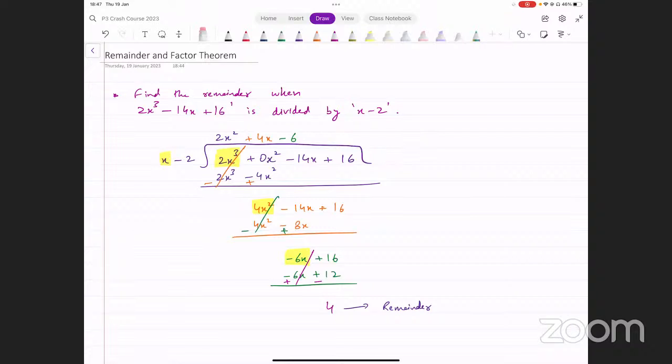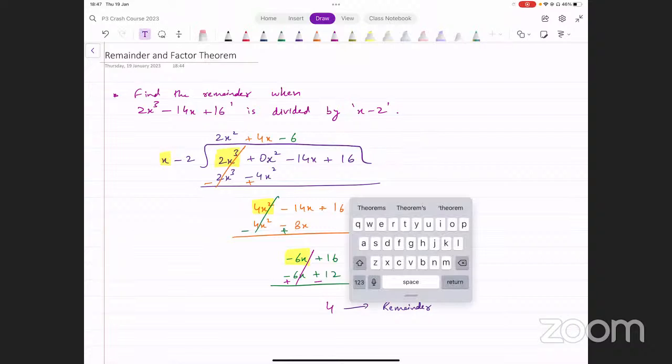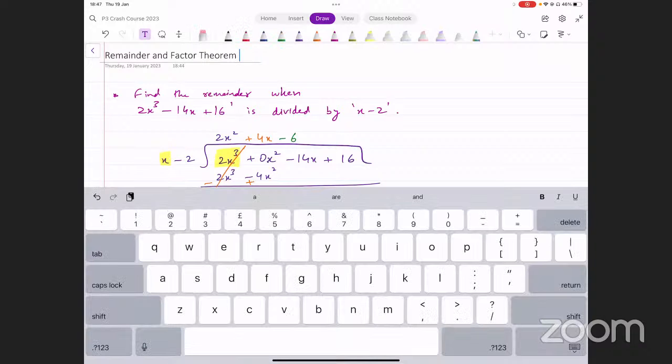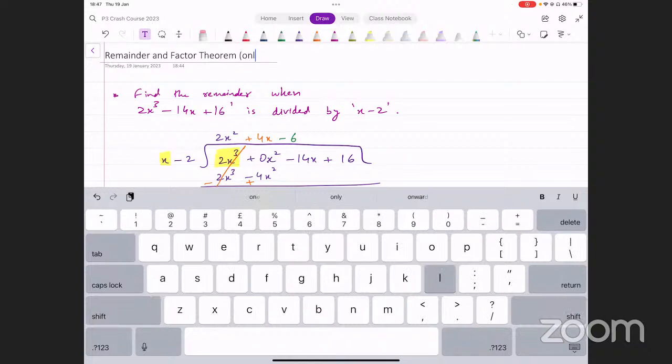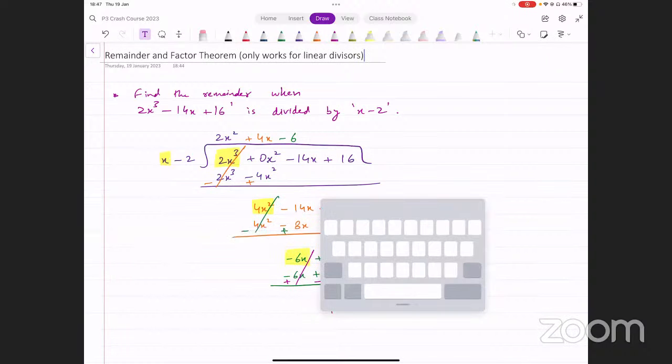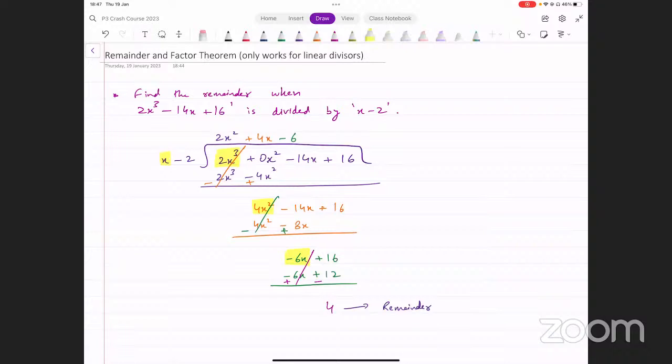Now, there's a condition for this. Let me just add this here in the heading. This remainder theorem only works for linear divisors. Okay, so the expression that you're dividing by has to be linear. So that's a limitation of this theorem. So you can only use this for linear divisors.